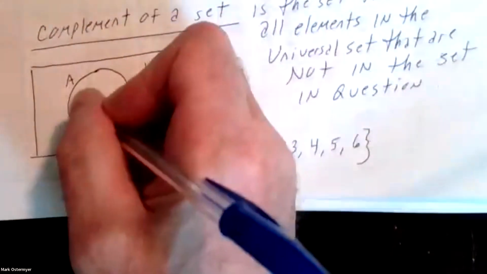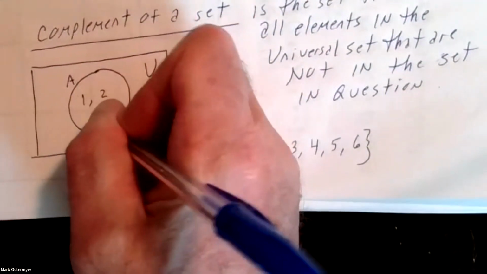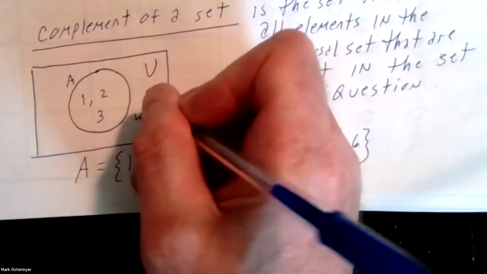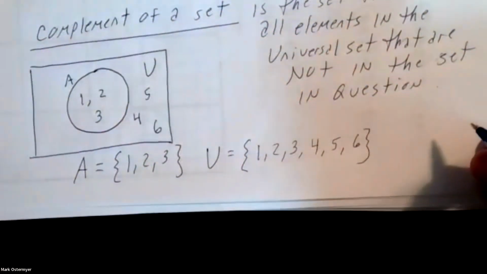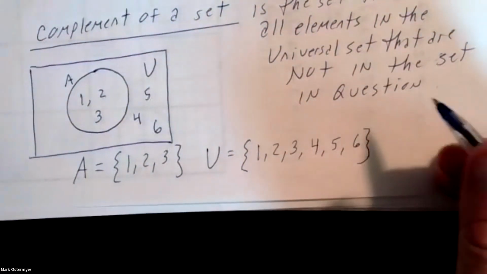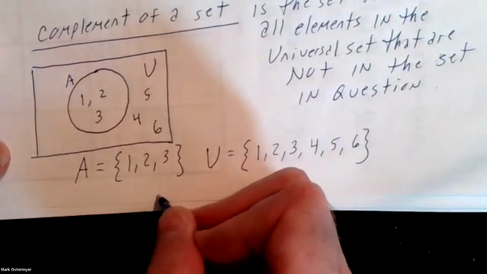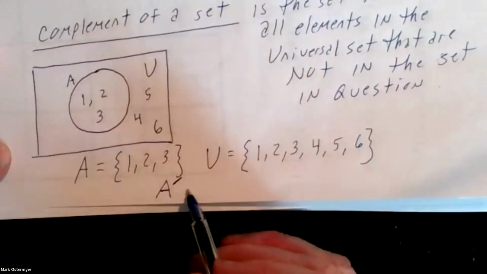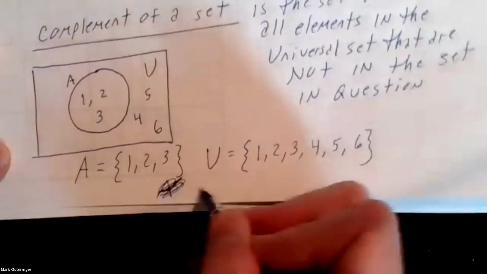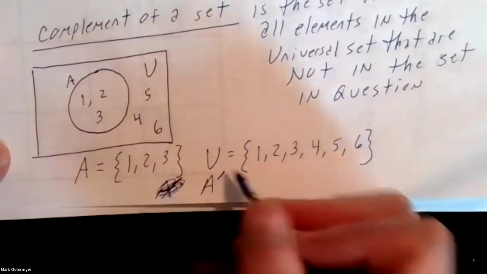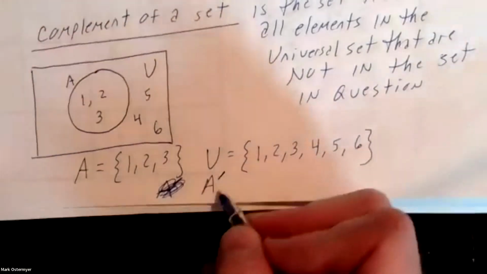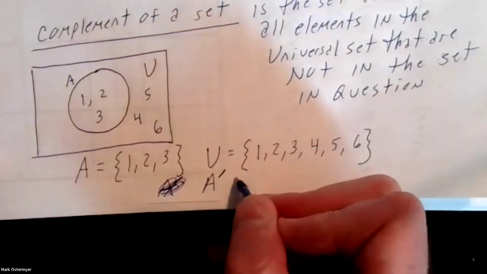There's set A. And the universal set consists also of 4, 5, and 6. We read this notation here, with this little apostrophe or dash up here, as the complement of set A.